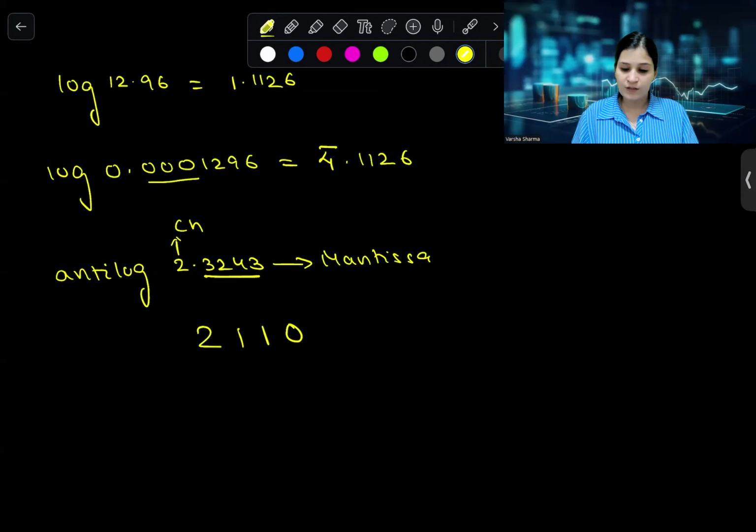So the decimal will be after 3 places. So it's basically 211.0. Yes or no, guys? Any problem?